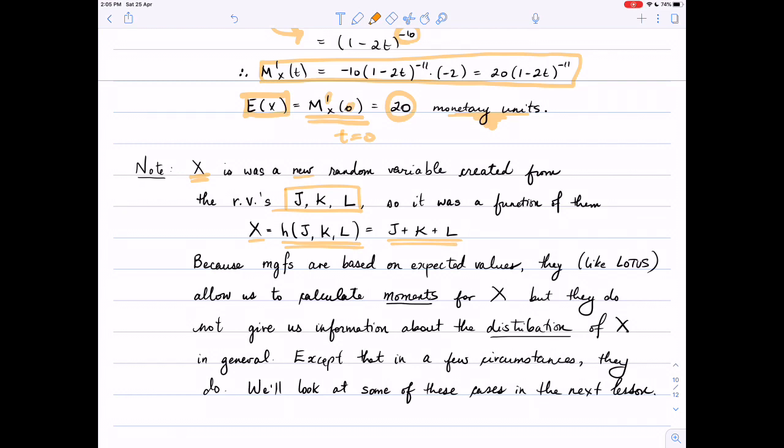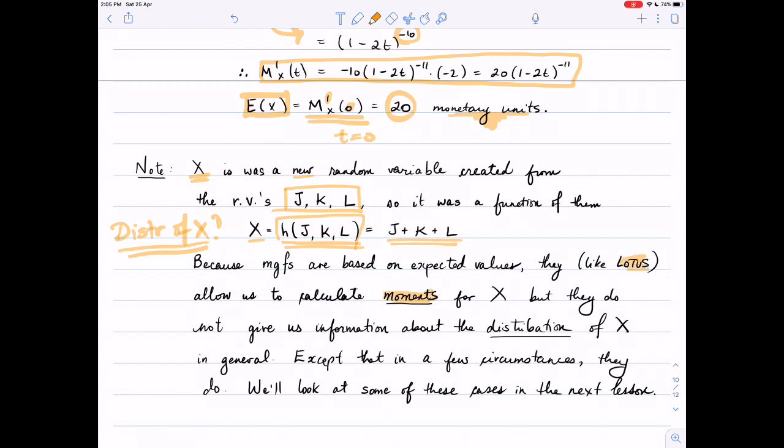Now, just like when we use Lotus, when we have functions of random variables, finding the distribution and therefore calculating probabilities for X is potentially very difficult. Calculating moments and expected values, well, that's pretty easy.